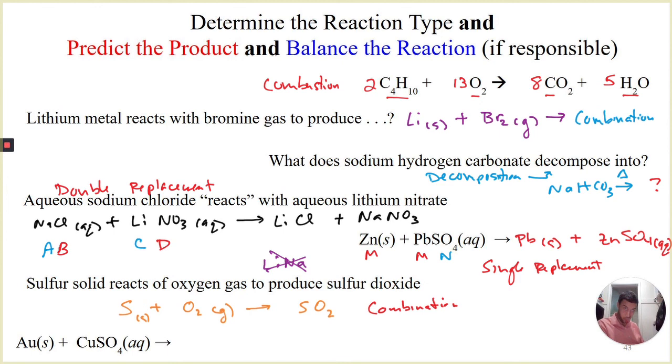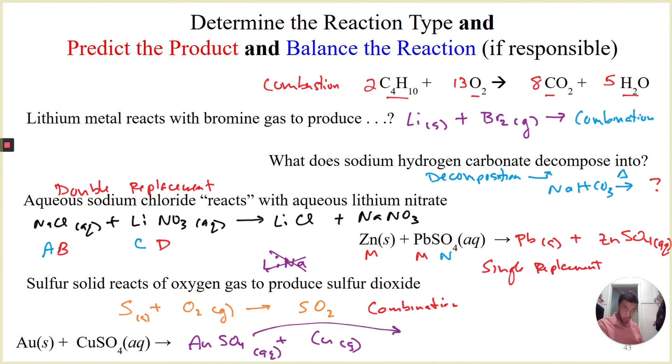And then the last one, gold sulfate with copper by itself. That's a solid, aqueous. The gold sulfate one becomes a tricky one. I would be perfectly happy if you left it at AuSO4. Gold typically carries a +3 charge though.